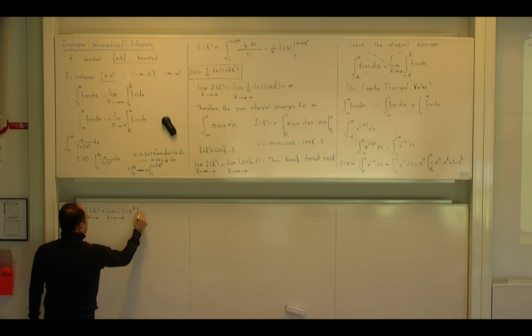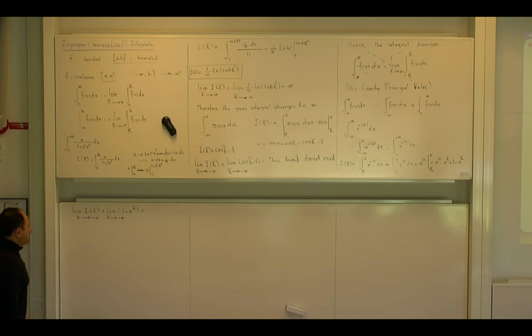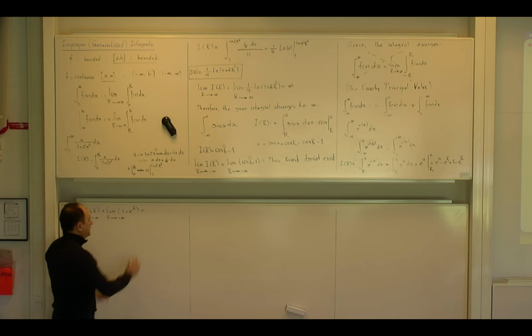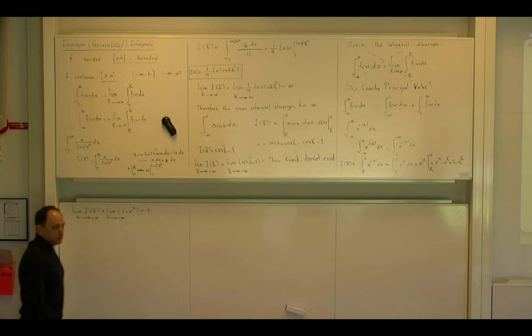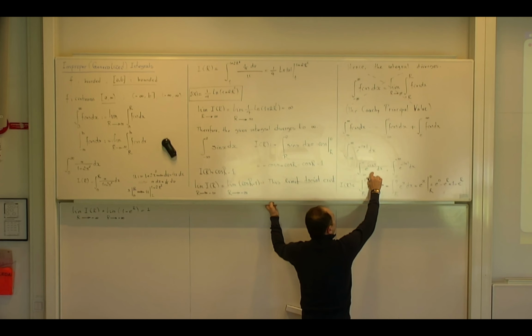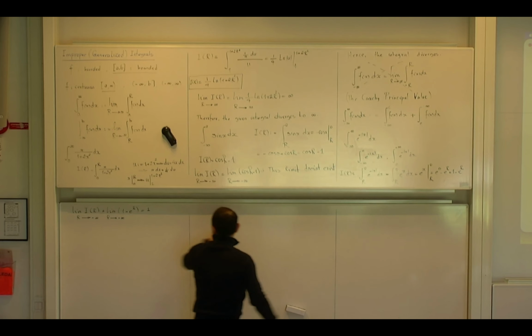Tell me what the limit is. Yes, because r is a very huge negative number, it becomes 1 over e to the power of a positive huge number, so it becomes 0. So the limit becomes 1. So I can say that this first integral converges to 1.